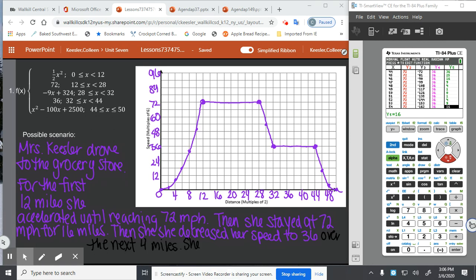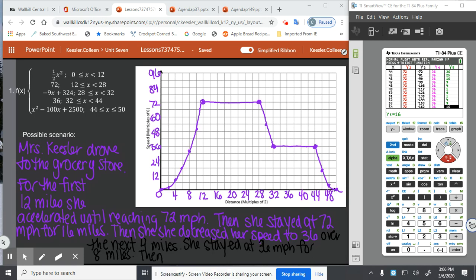She stayed at 36 miles per hour for 32 to 44 is 8 miles.